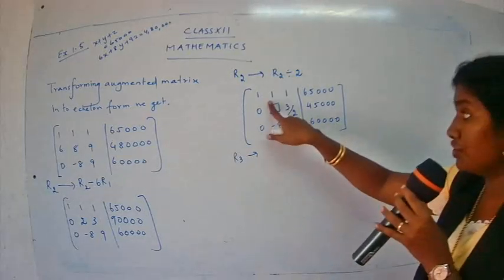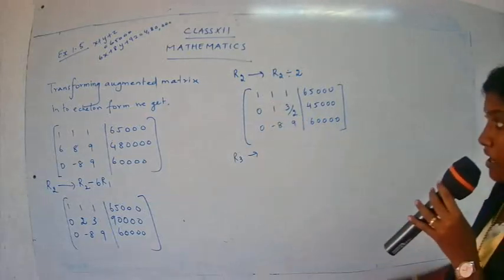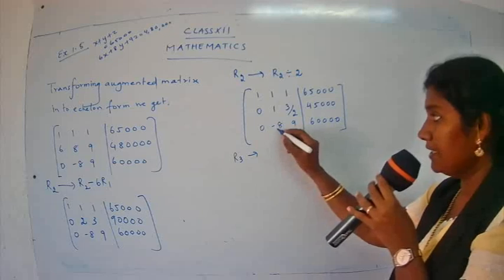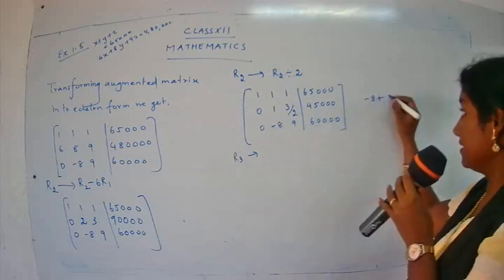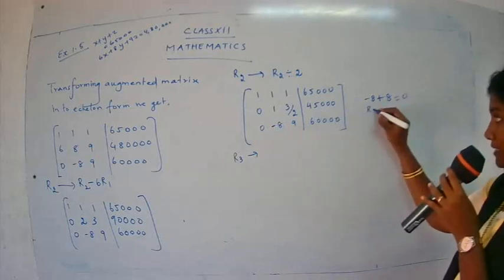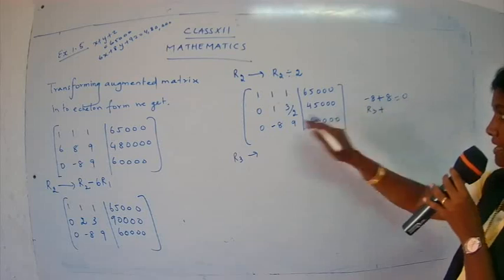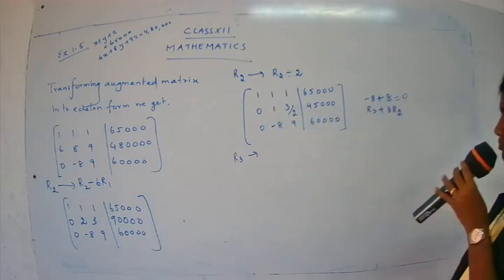So which row is going to change now? The third row is going to change. How are you going to change the third row? See here, it's minus 8. So minus 8 plus 8 gives you 0. So minus 8 is R3, and the sign is plus 8. How do I get 8 here? 8 times R2.